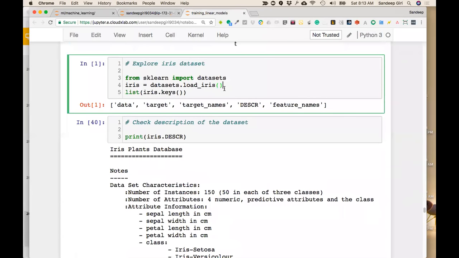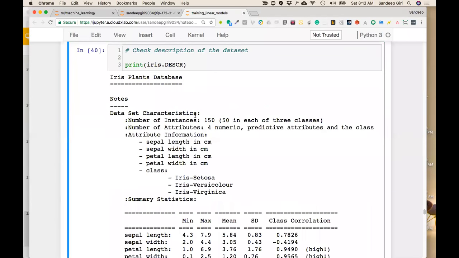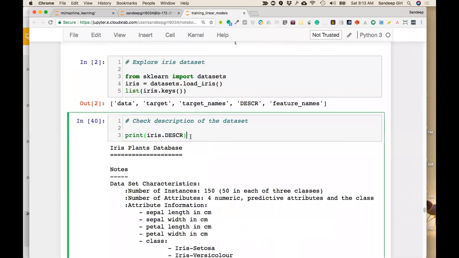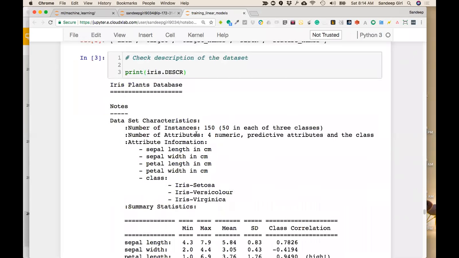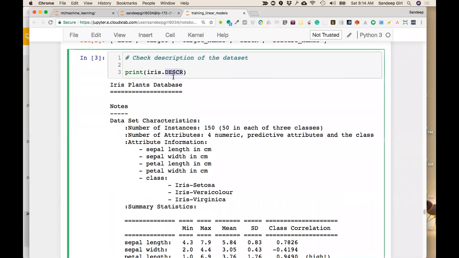All right. So let's take a look at this data set. We are importing datasets from Scikit-learn, and in datasets we are saying load_iris. And we say iris.keys, and it would give us all the columns. Further, we say iris.DESCR. So here, this is the description of the data set.